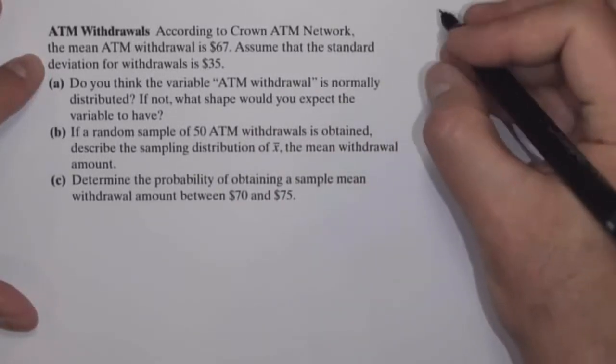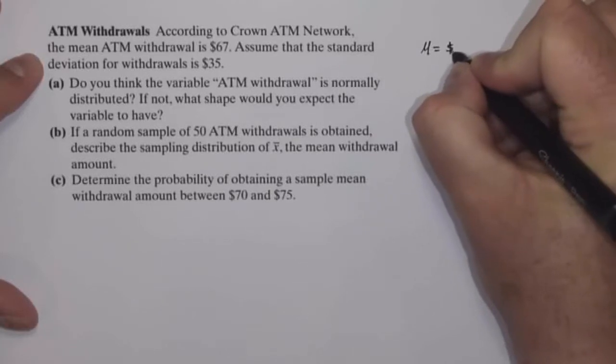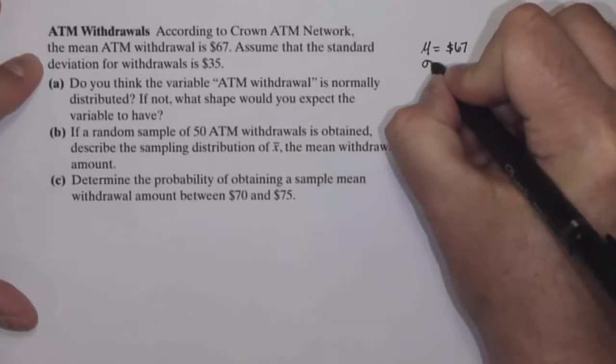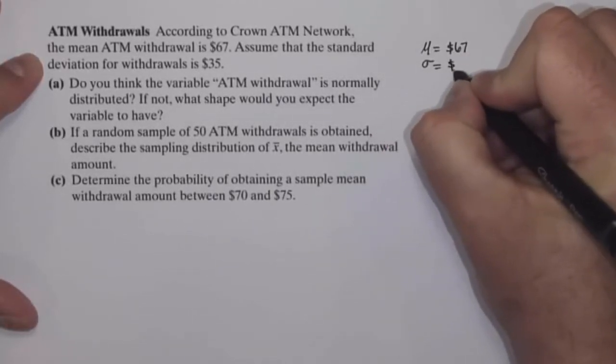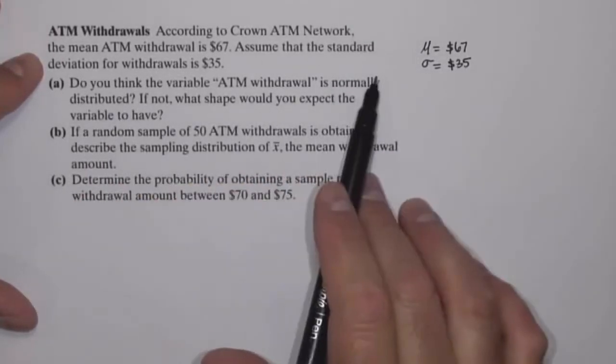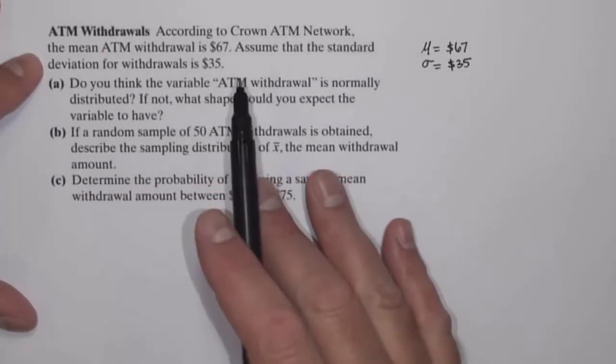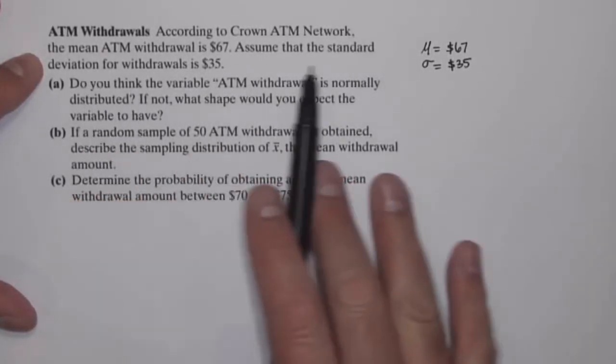So in other words, the mean of the population is $67, and the standard deviation of the population is $35. What we're not told is whether or not the distribution of the population is normal. So it's not known.